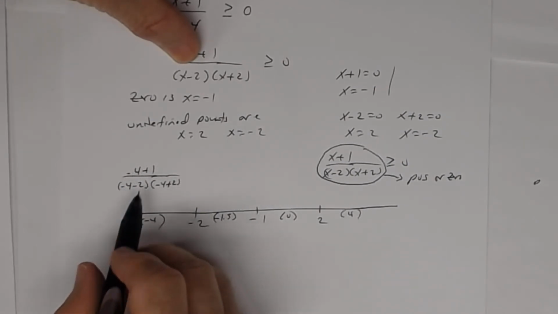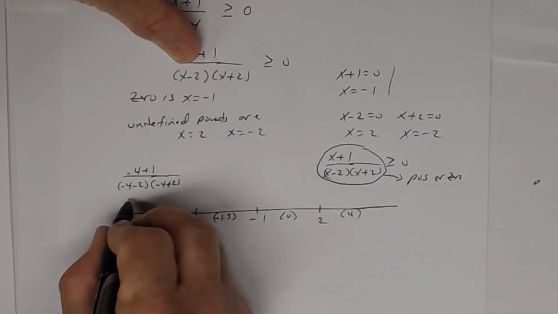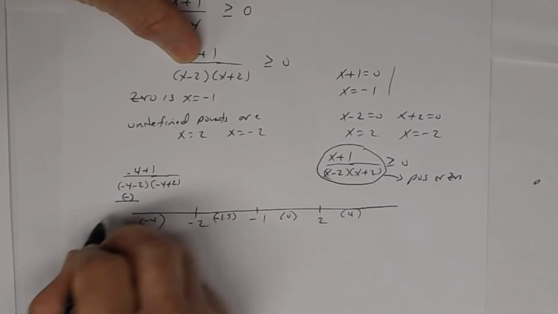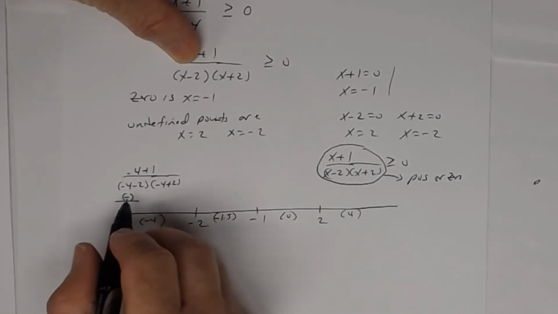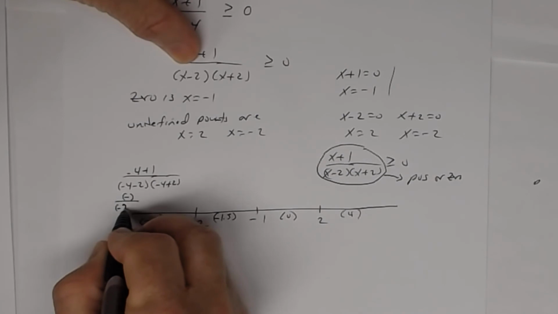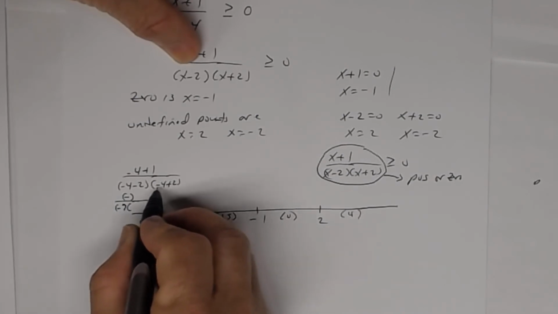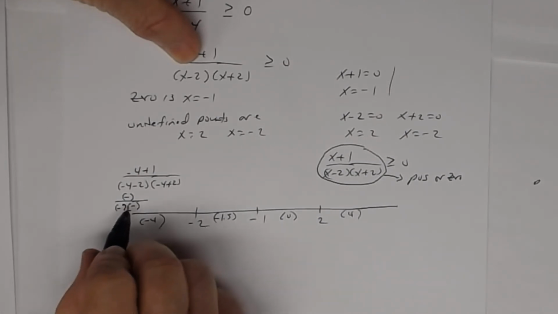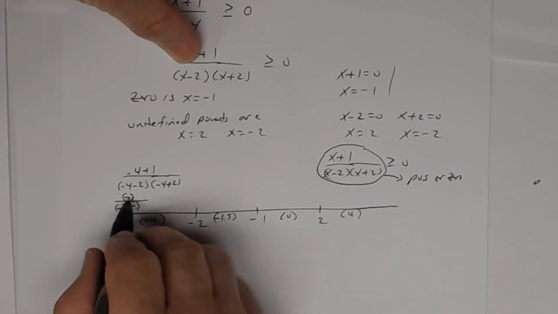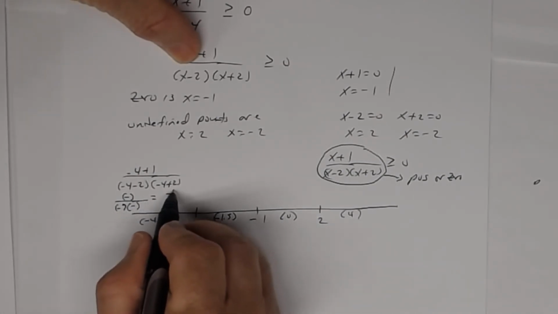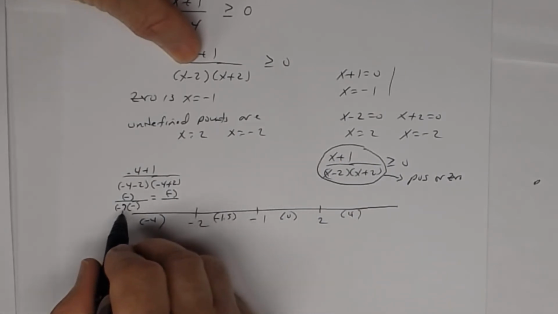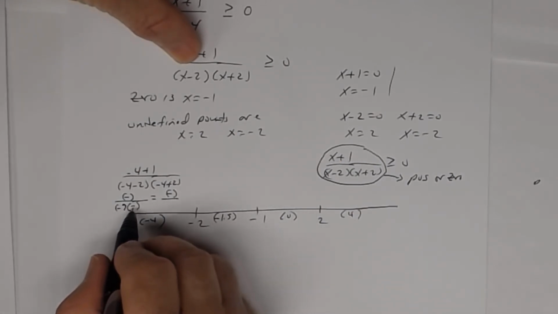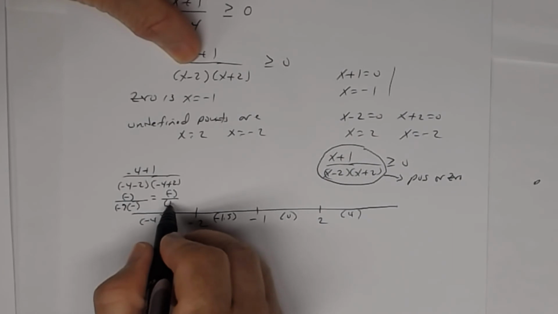Okay? Now let's go to the numerator. Negative 4 plus 1 is a negative number. Divided by, negative 4 and a negative 2 is a negative number. That's negative 6, right? And then times, negative 4 plus 2 is also a negative number. That's negative 2. All right, now look at what we have. The numerator is negative. Y'all agree? The denominator, a negative times a negative, is a positive.